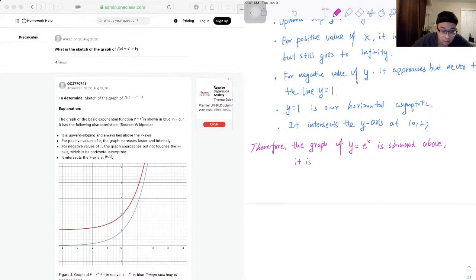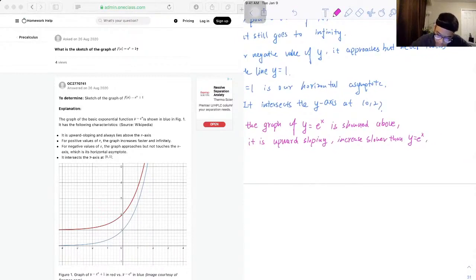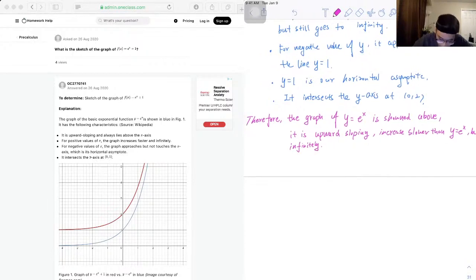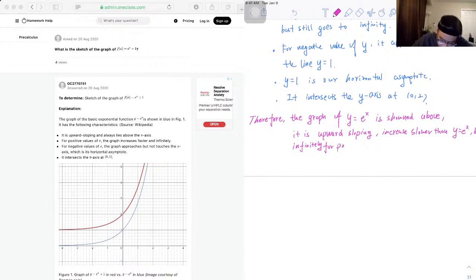It is upward sloping, increases slower than y is equal to e^x, but still infinitely for positive values of x.